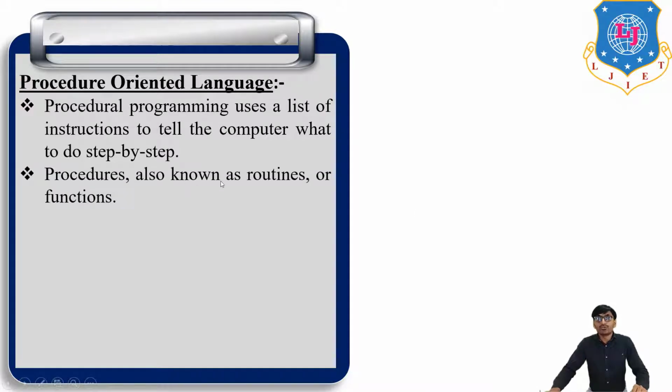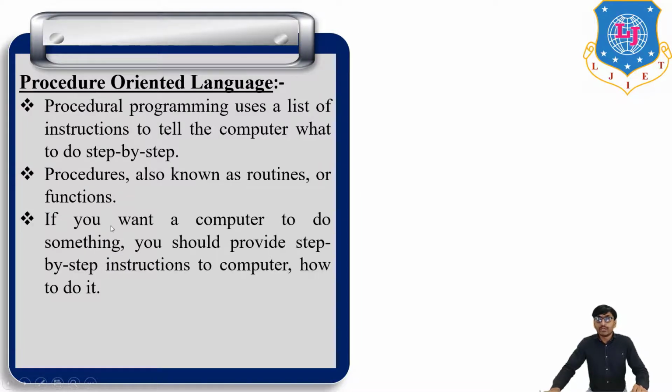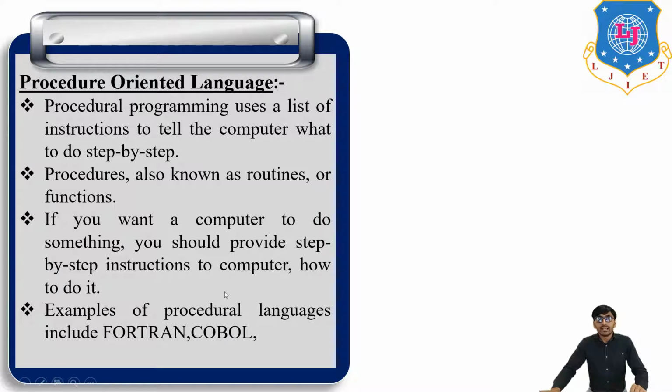Procedures are also known as routines or functions. If you want a computer to do something, you should provide step-by-step instructions to the computer on how to do it. Examples of procedure oriented languages are Fortran, COBOL, C and Pascal.